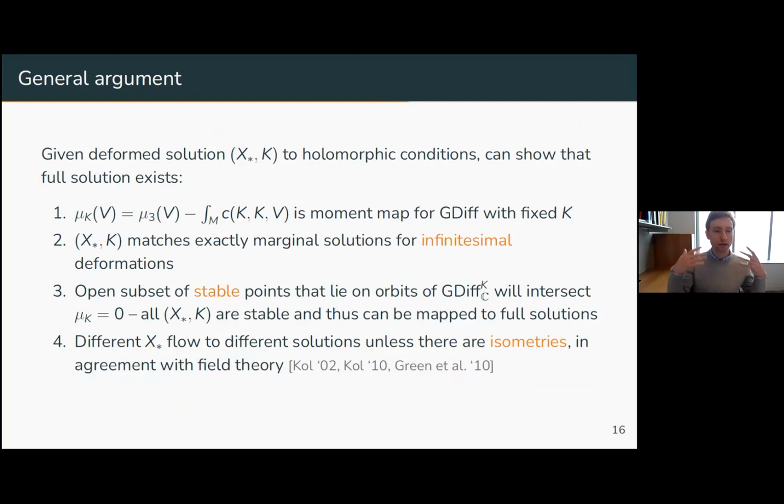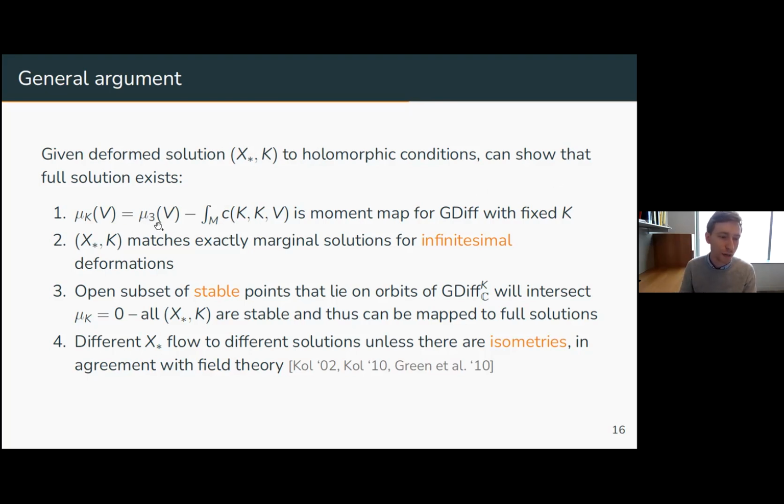So much of this is a very general argument that works for general backgrounds, but I'll just focus on doing this for deformations of Sasaki-Einstein backgrounds. If we can find a deformed solution to these holomorphic conditions that I'll call X star, you can show that a full solution must exist that solves all the supersymmetry conditions.